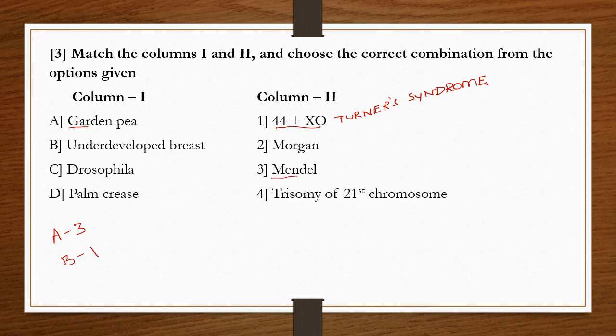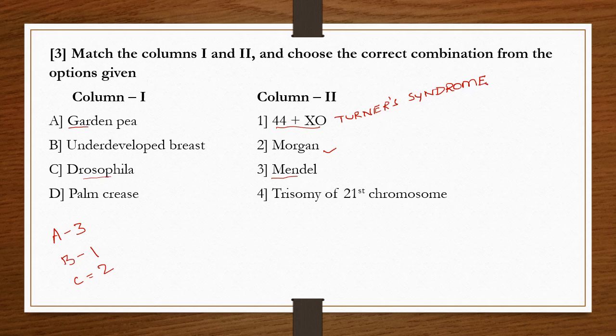Next, Drosophila. Drosophila is the experimental material for Morgan. Morgan used Drosophila as an experimental material, and he proposed the chromosomal theory of linkage. So C is 2. Now palm crease.